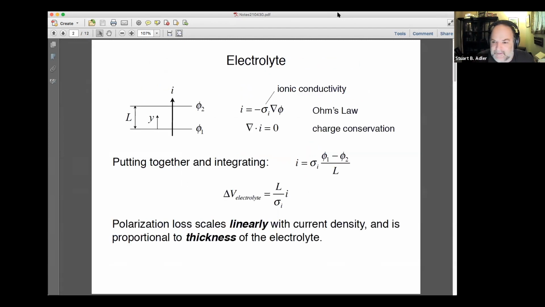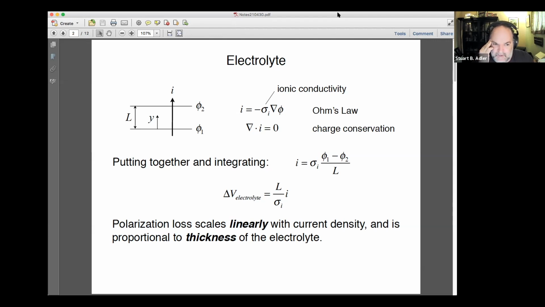One of the simplest things to think about is the electrolyte. We've got this material which is conducting ions, and that is a macroscopic transport process where we establish a gradient. In this case, it's a gradient in potential, which I'm symbolizing by the Greek letter phi. Phi has units of volts.